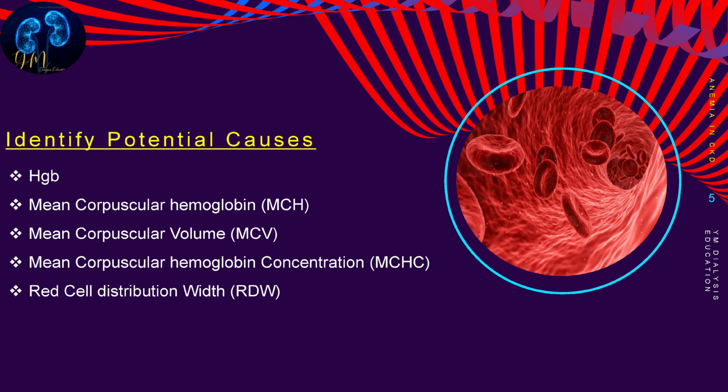MCH, or mean corpuscular hemoglobin, evaluates the amount of hemoglobin in the cell and reflects the color, like weight and mass. MCH is the mass of the hemoglobin per RBC and is described as normochromic, hypochromic or hyperchromic. Next is MCV, or mean corpuscular volume.